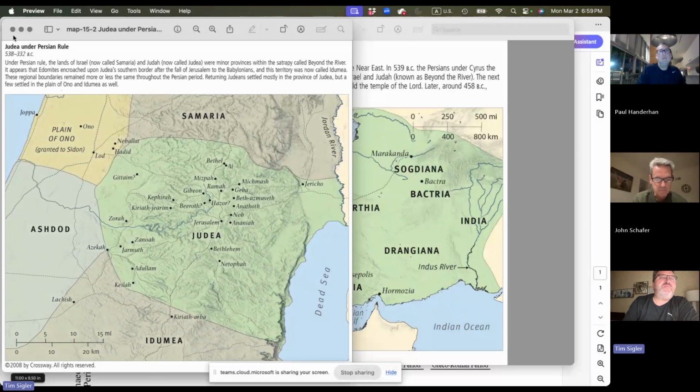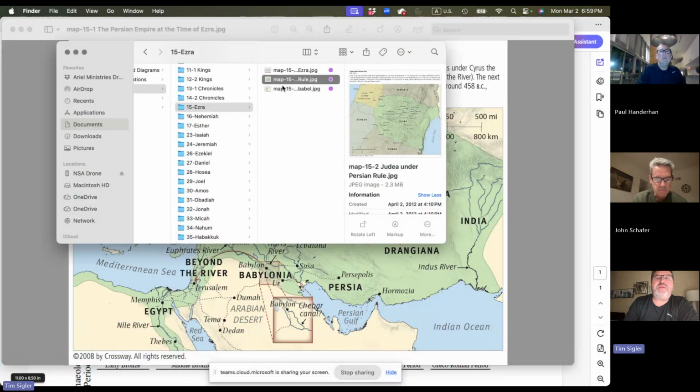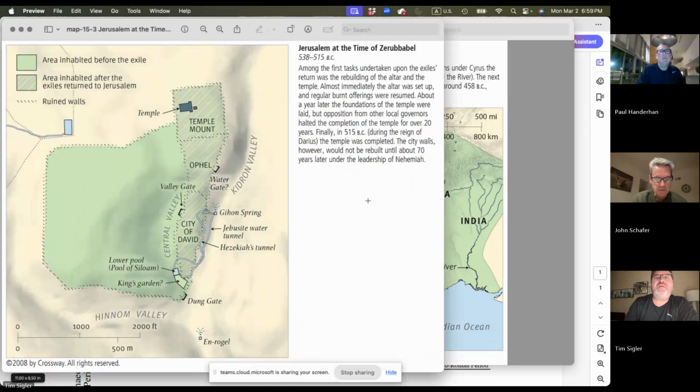Now let's look at another map associated with Ezra from the ESV Study Bible. Here is just Jerusalem itself at the time of Zerubbabel. So maybe read this paragraph for us. I can read it. Among the first tasks undertaken, the exiles' return was the rebuilding of the altar and the temple.